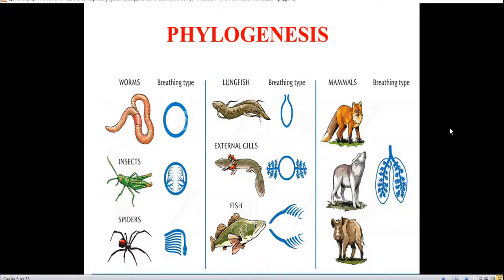Firstly the diffuse, then tracheal, then skin, and finally the pulmonary type of breathing in different types of life.